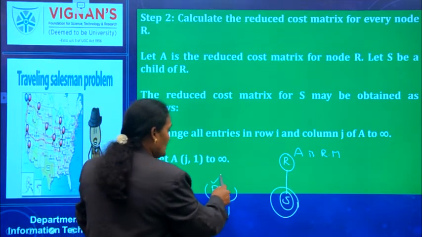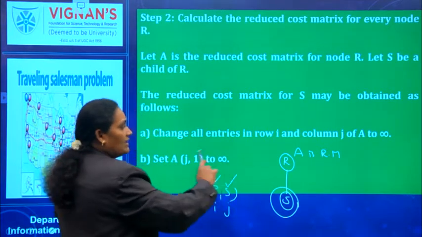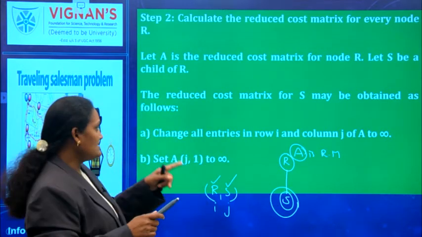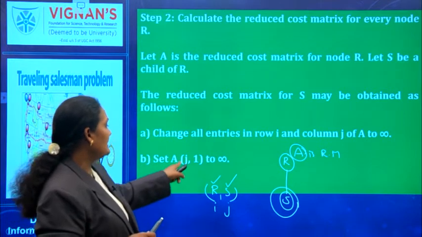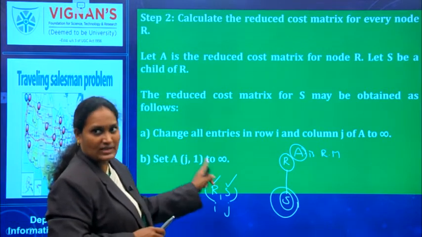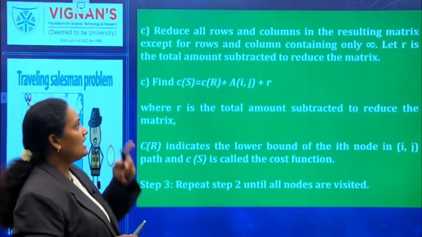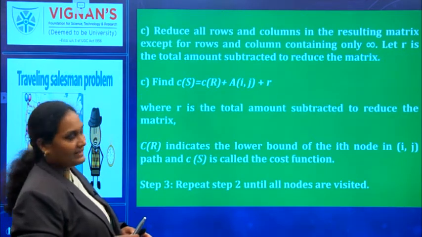So the Rth row and Sth column, make all the entries of A in the Rth row and Sth column infinite, and set A[J1] to infinite, that is, S to 1 as infinite. And then what is the next step? Reduce all rows and columns in the resulting matrix.